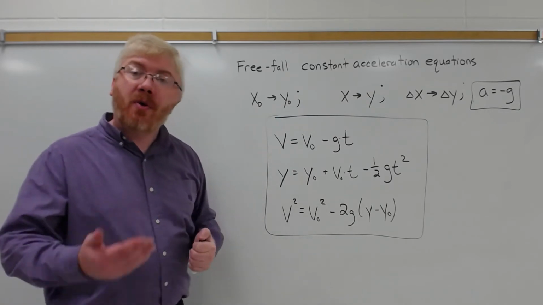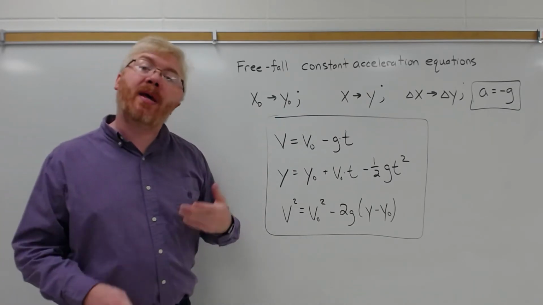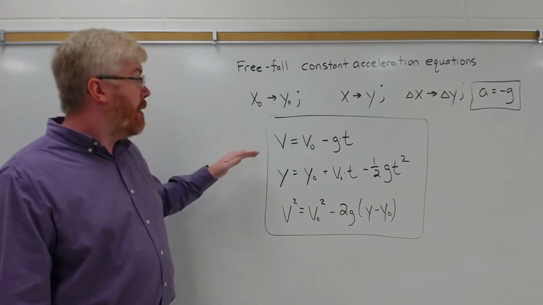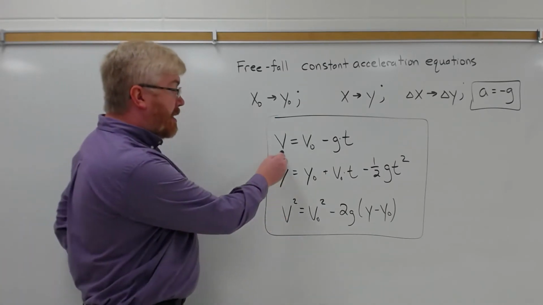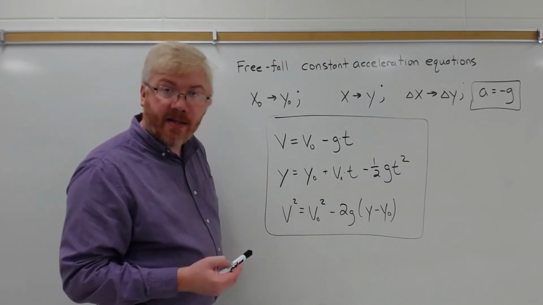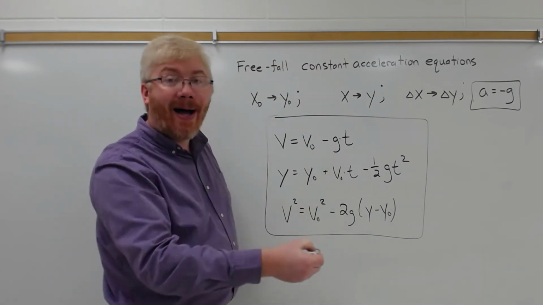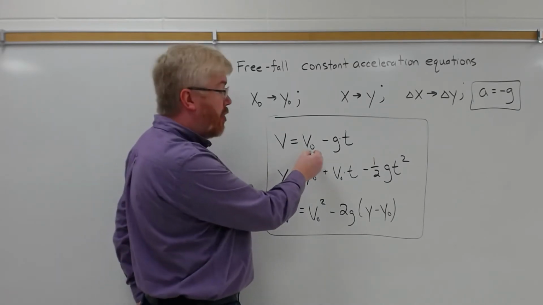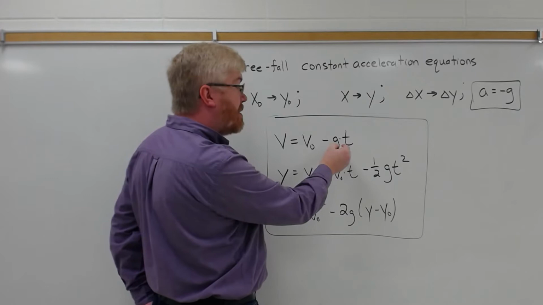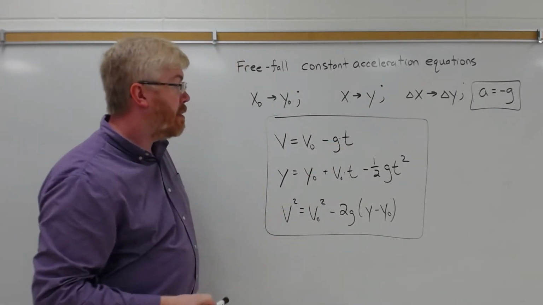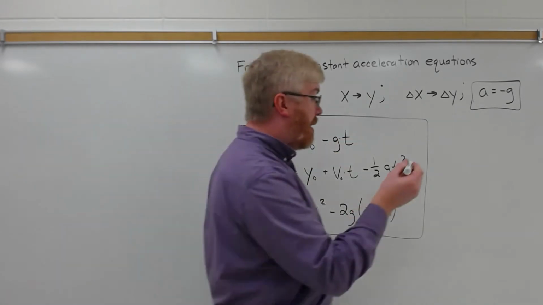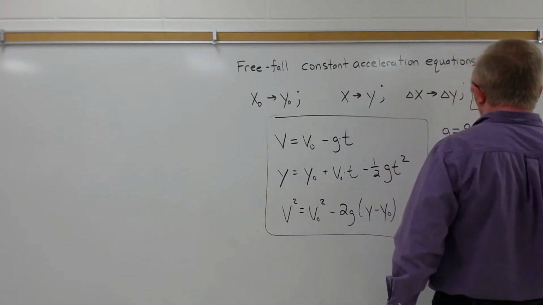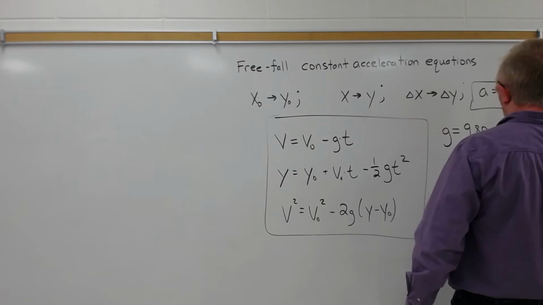Now going back to those 5 equations we had before, we can modify 3 of them easily enough. You can do the other 2 on your own fairly simply. Here, the velocity, this is y direction velocity now, because we're talking about one-dimensional y motion. The final y velocity is equal to the initial y velocity minus g times t, remembering that g is equal to 9.80 meters per second squared.